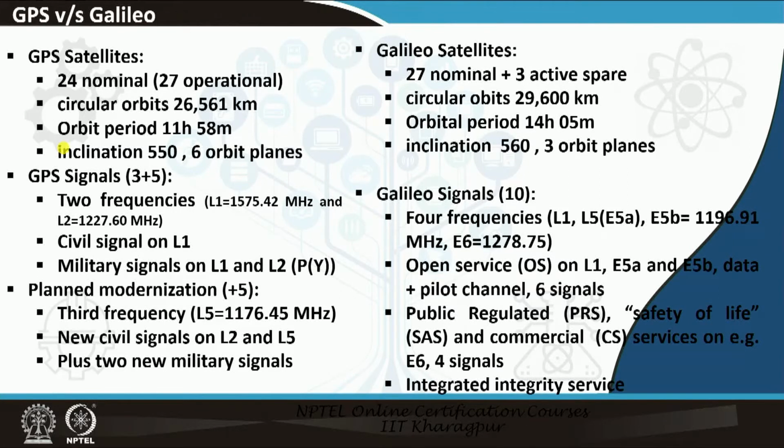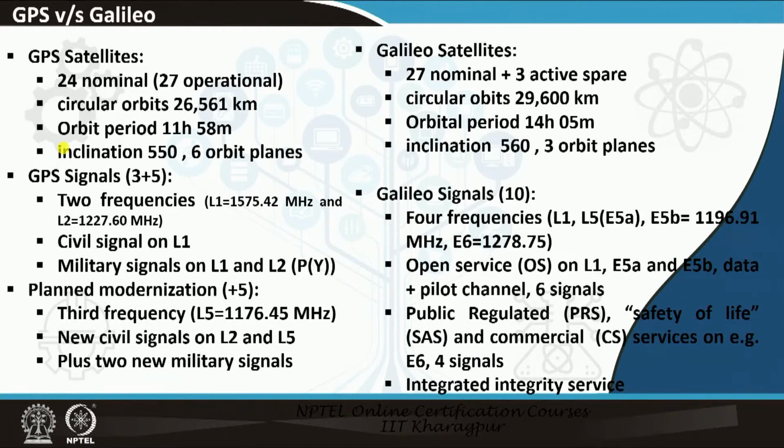It has different services like public regulated service signals, safety of life signals, and commercial signals. These are different precision signals, with services normally on E6 using 4 signals. And integrity service is another kind of service that Galileo can provide.